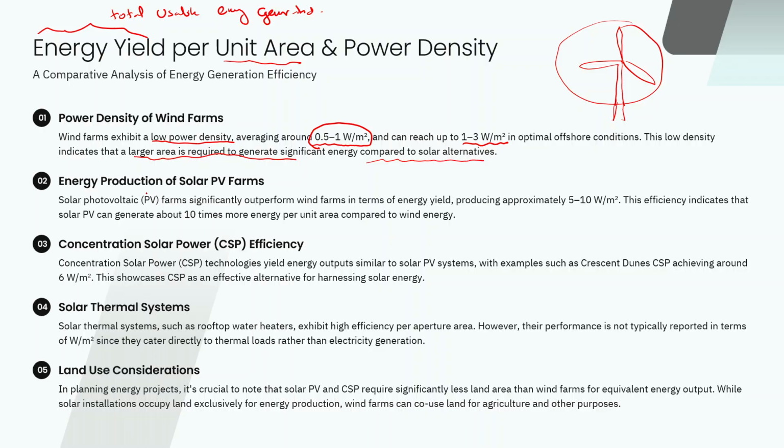For an example, if you look at the energy production of solar PV farms, you can see that the energy yield or power density is somewhere around 5 to 10 watts per meter square, right?